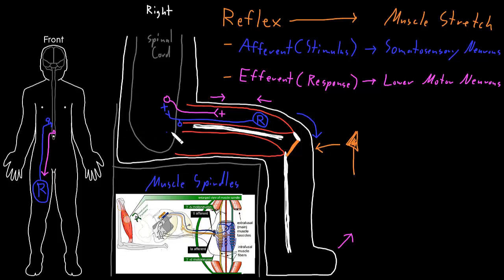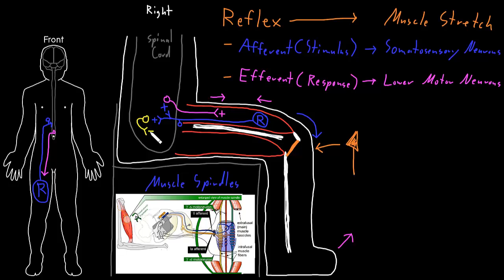The way this occurs is that this same somatosensory neuron that's exciting the lower motor neuron back to the muscle that was stretched is also sending axon terminals to other neurons, and it's going to excite those neurons, so I'll draw a little plus sign. But these neurons are actually inhibitory neurons. So they're going to form a synapse that's inhibitory.